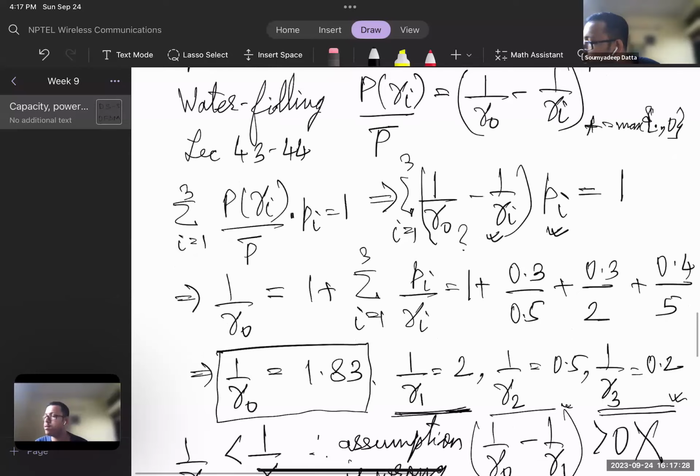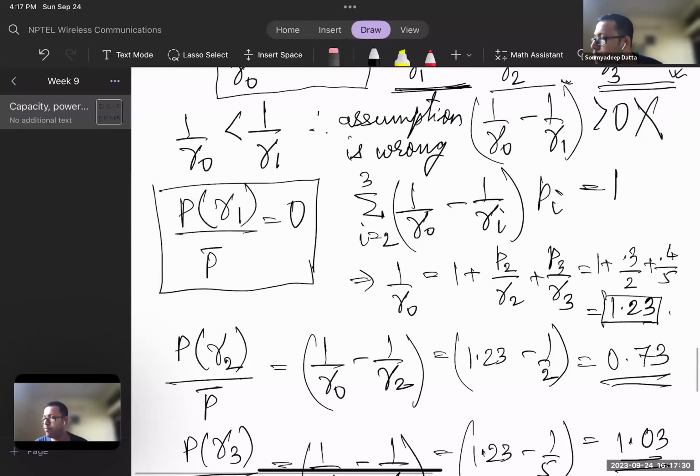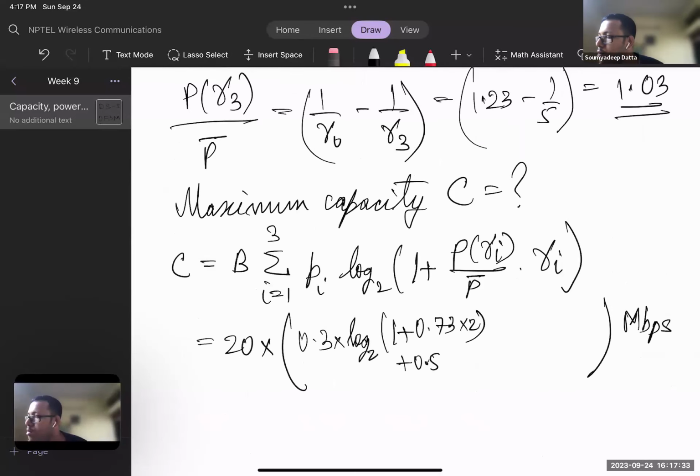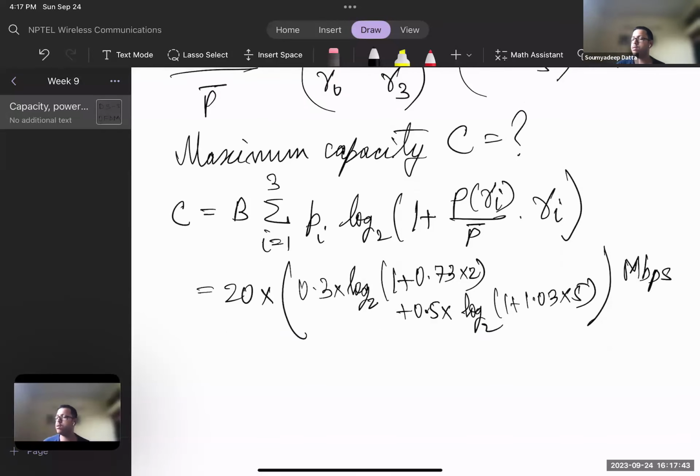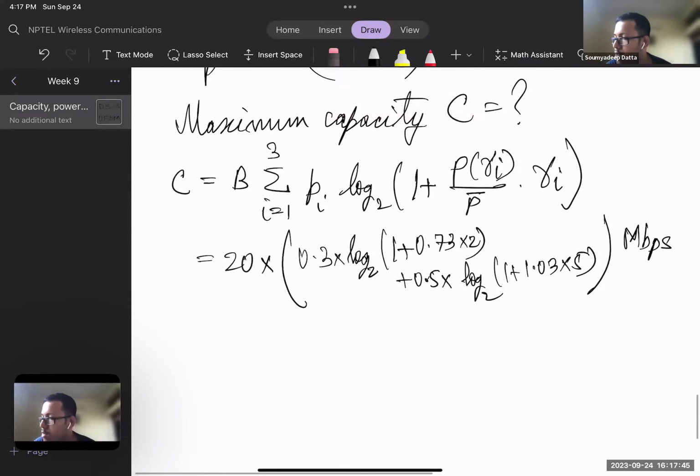Plus, so plus 0.5 times log of Pi times log of 1 plus 1.03 into 5. So this is a simple calculation. You can just put in and get the value. I'm not doing it.